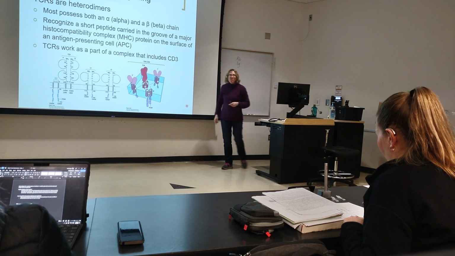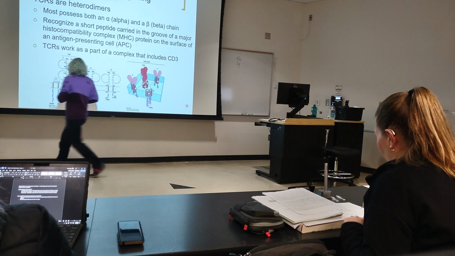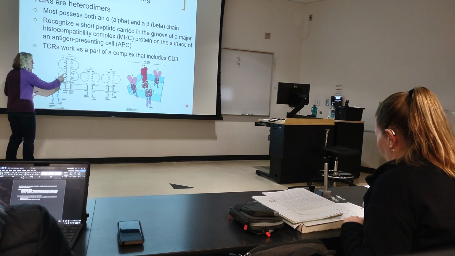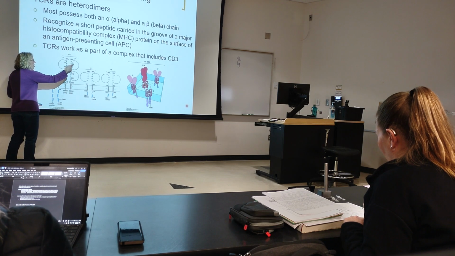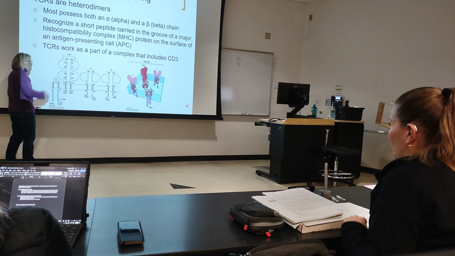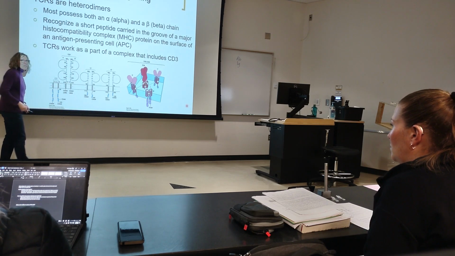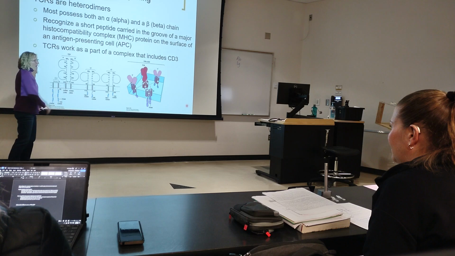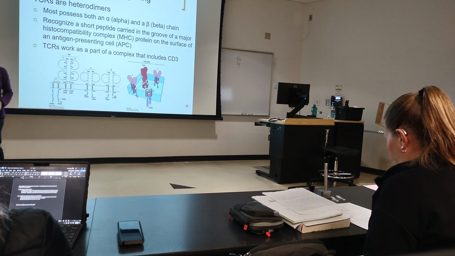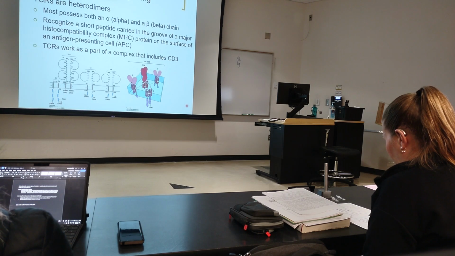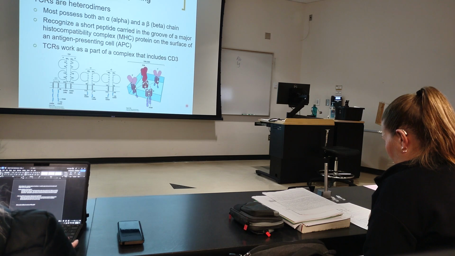Here's a better picture. Constant regions. Variable regions. This is made from one protein piece, this is made from another protein piece. If I cut them in half, they are not mirror images of each other. Okay, so more simplified, just the hands of the B cell receptor.